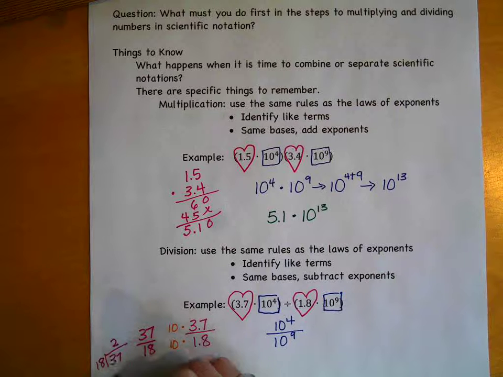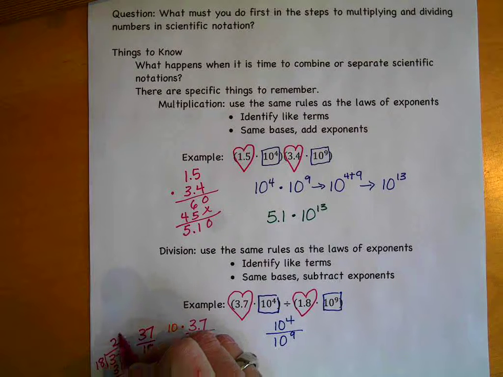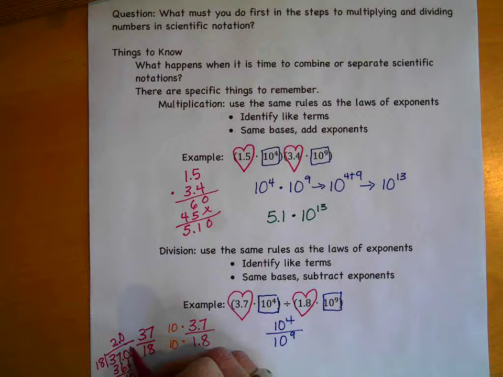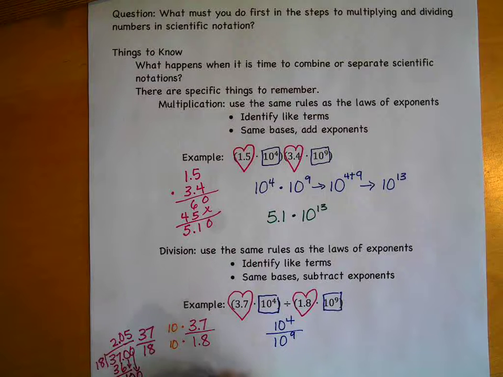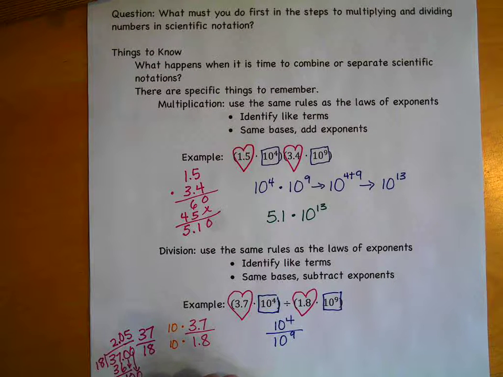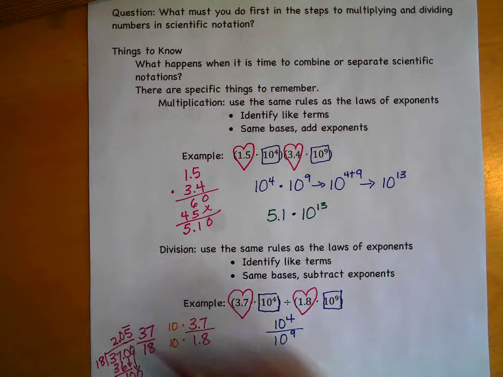I know that 18 can go into 37 twice because 18 times 2 is 36. With that 1, bring down the 0. 18 can go into 10 0 times. Bring down another 0. 18 can go into 100 5 times. 18 times 5 is 90, and then what you see is it will be repeating.